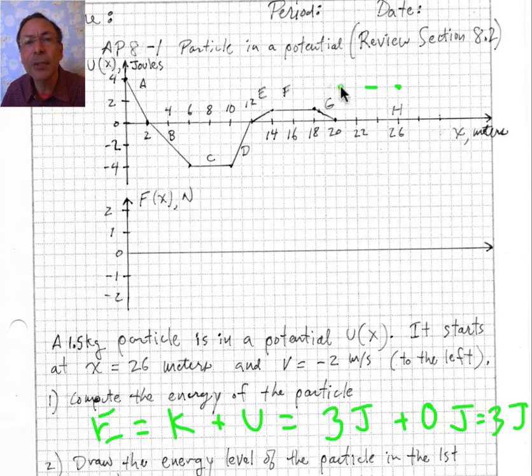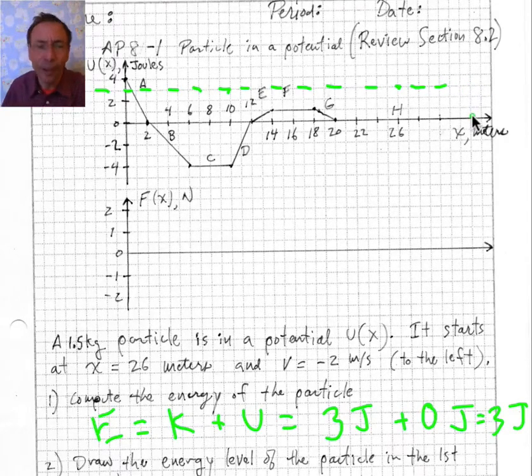So dash, dash, dash. And this dash line is analogous to an energy level in chemistry, how much energy a molecule has. So the energy level of the system right now is 3 joules.